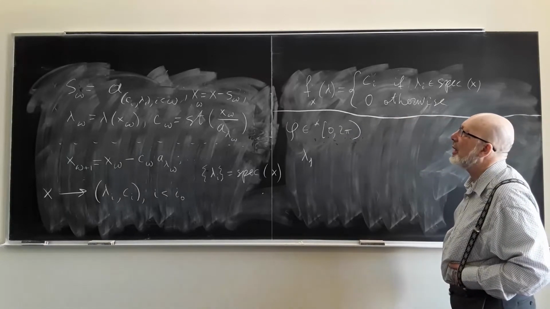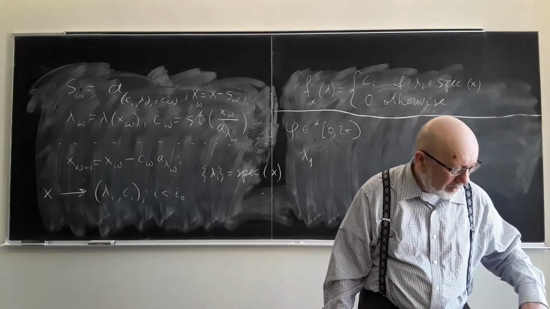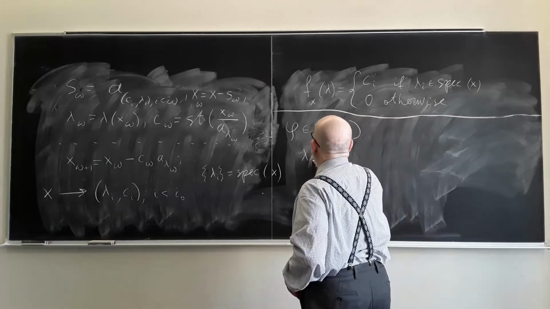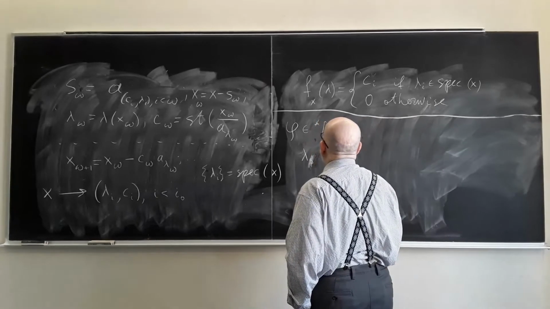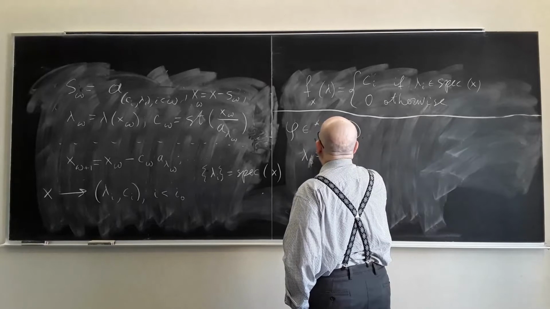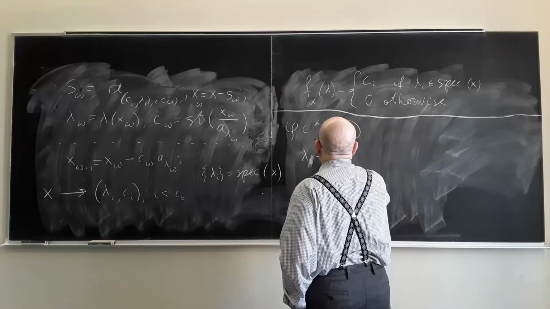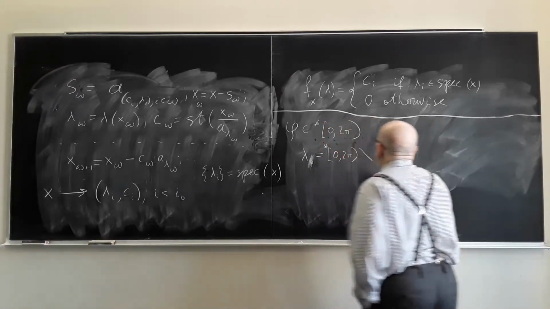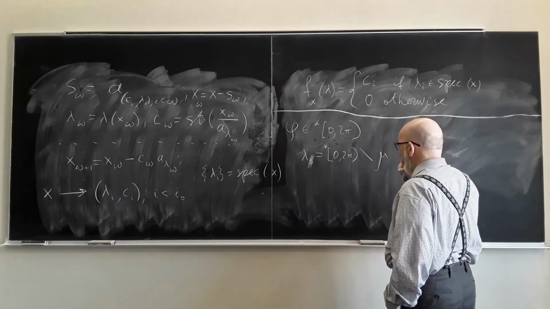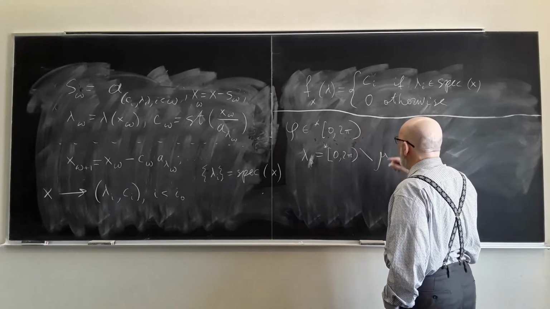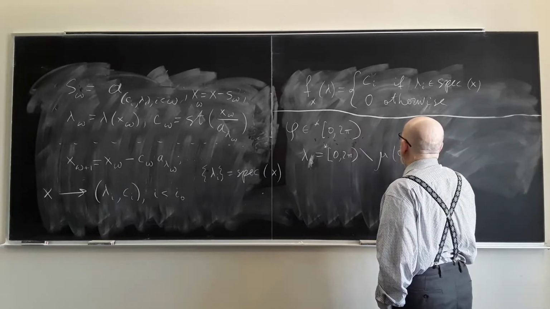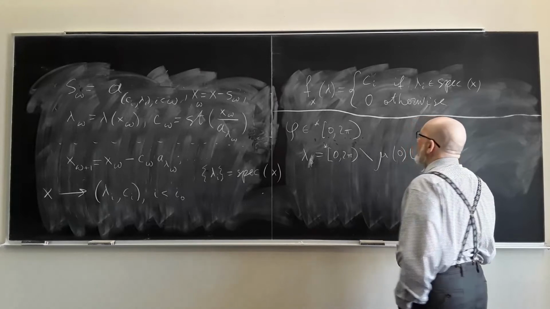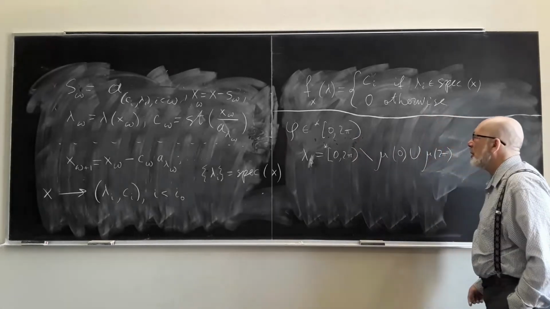We started from x0, lambda 0, which equals 0 to pi star minus the monad of 0 union the monad of 2 pi. So, the points which are infinitesimally close to 0 and 2 pi.